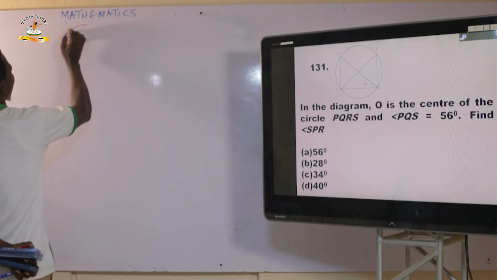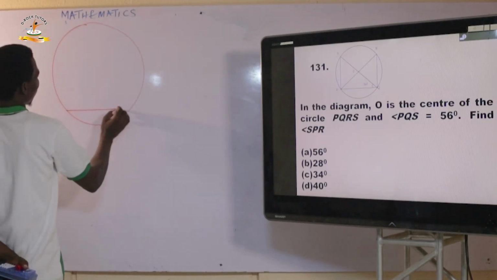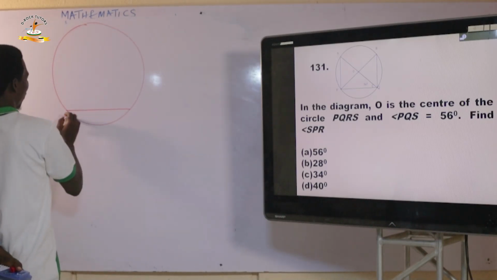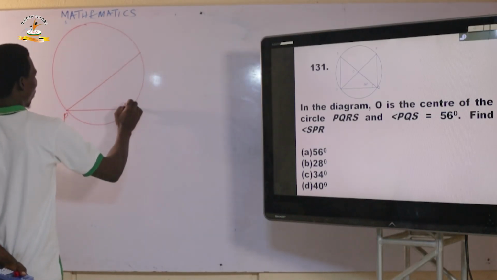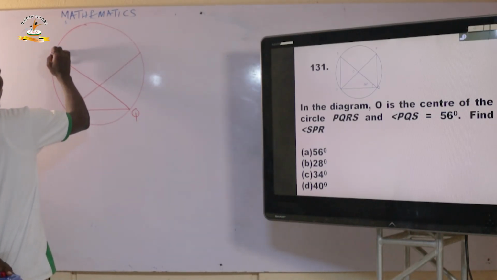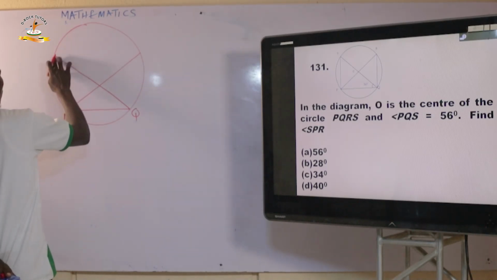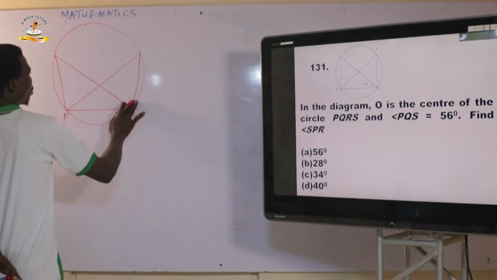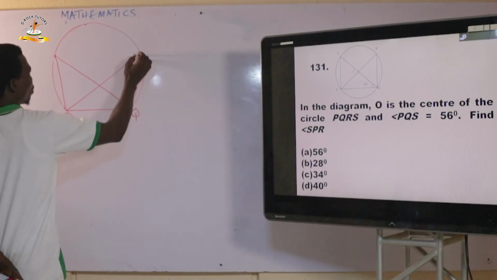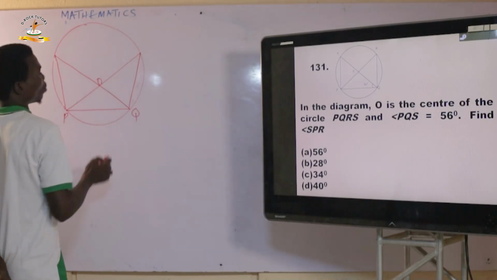We have the circle with some chord PQ, and we have that it passes through the center O.